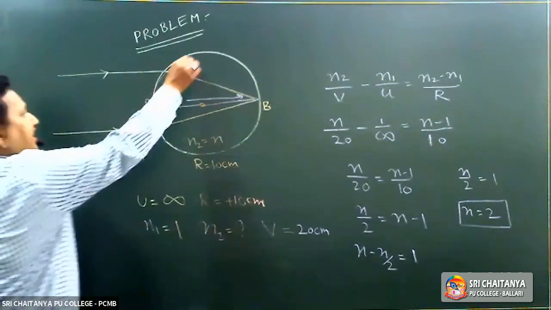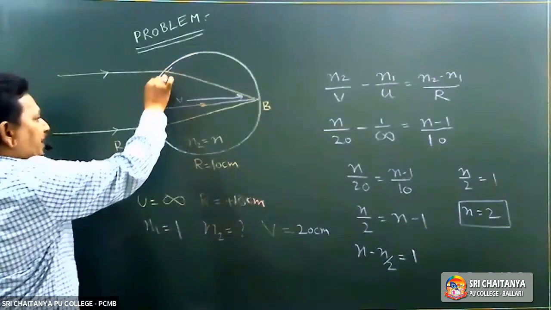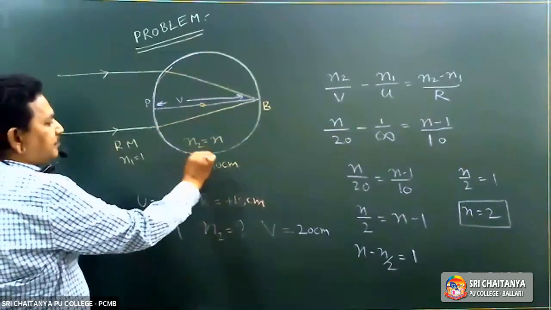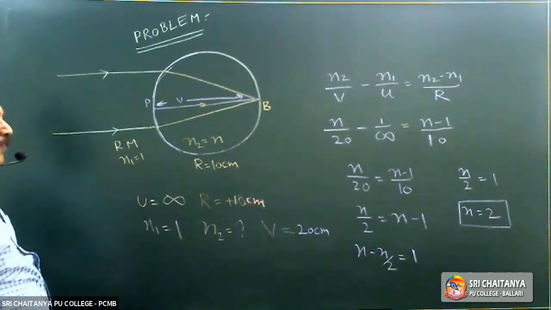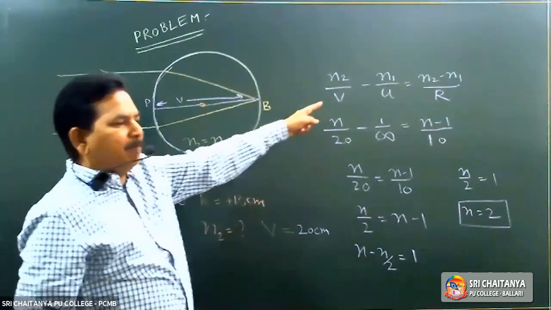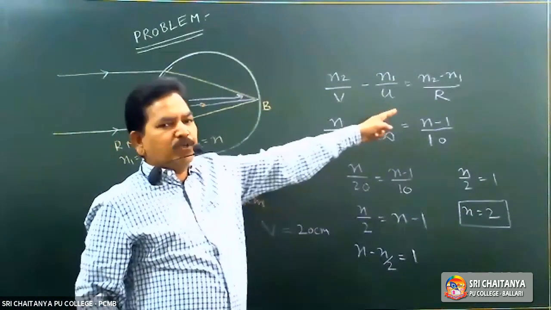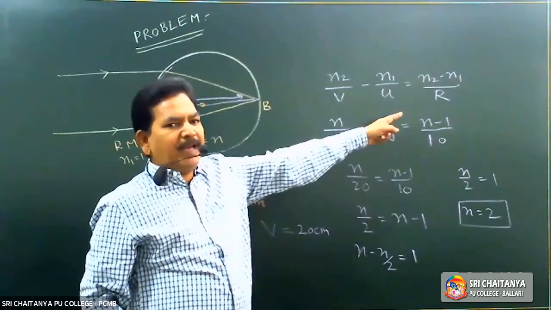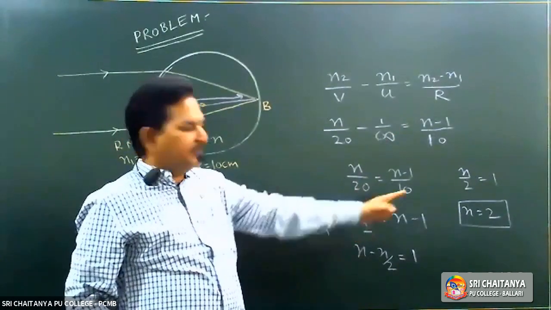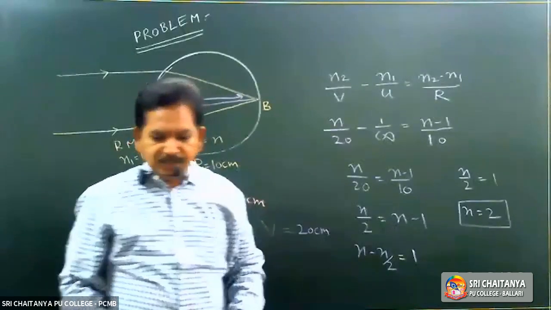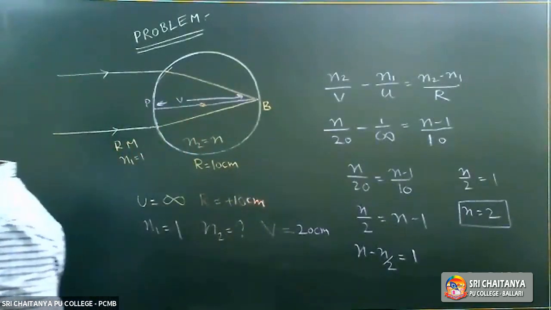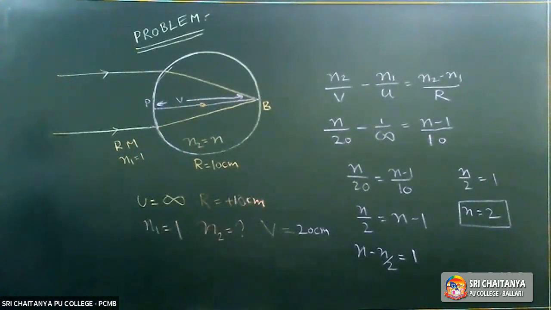The refraction takes place only at the first surface. Therefore, N2 by V minus N1 by U is equal to N2 minus N1 by R. Substitute the values. Then we will get the N value equal to 2. The refractive index of the material of the sphere is 2.